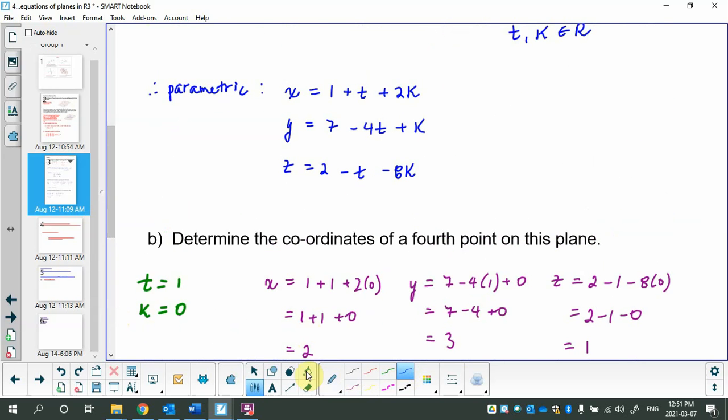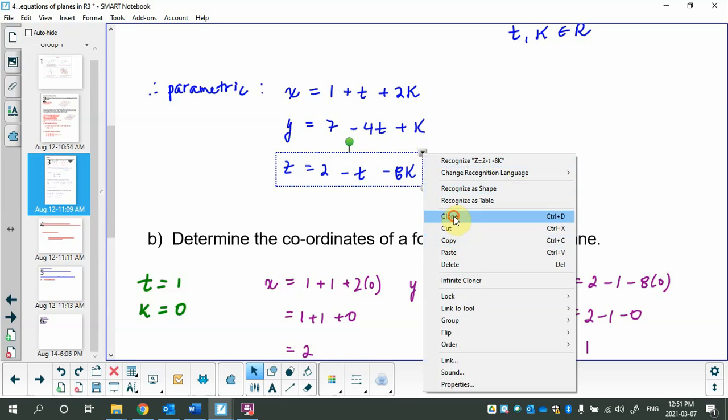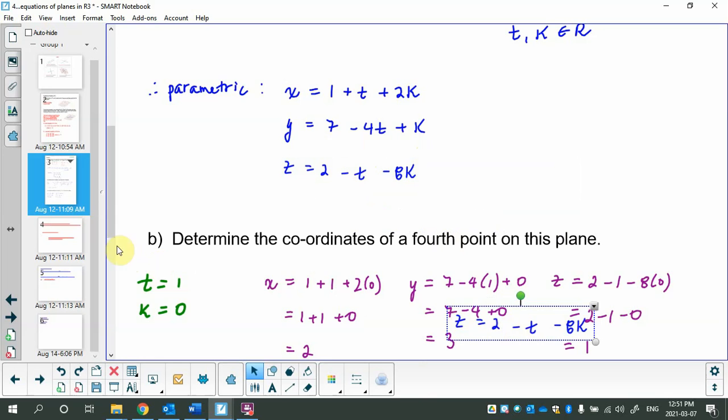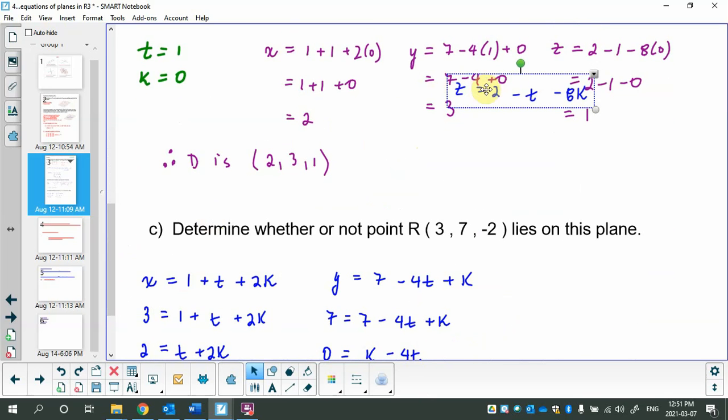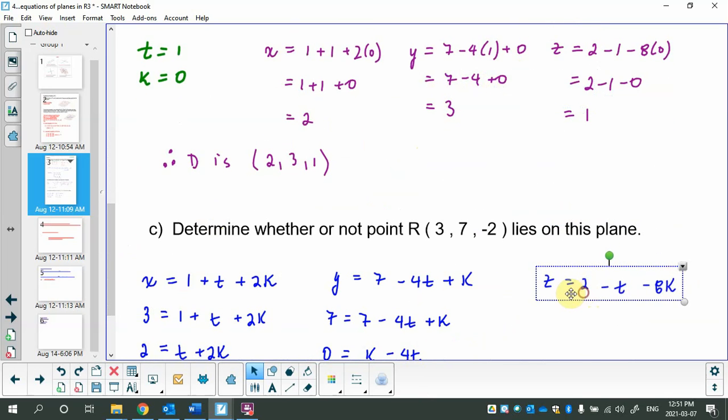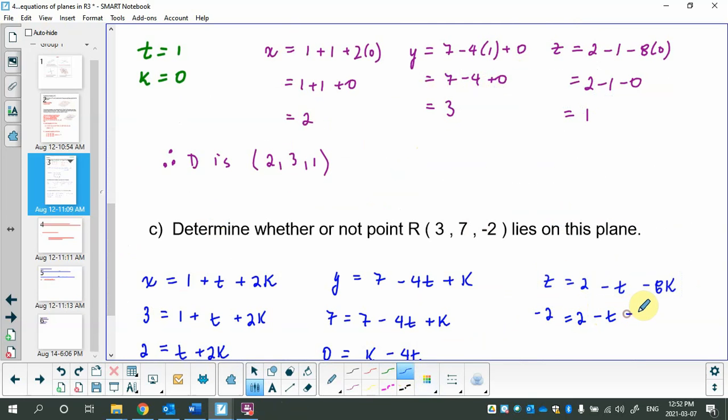And then last of all, my z. My z will be substituted with the negative 2, and then I'll clean it up.